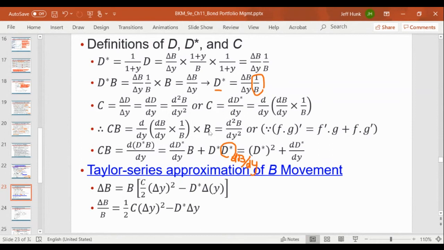B is also a function, right? Because it's a function of y. Remember? So it's like a product of two functions.